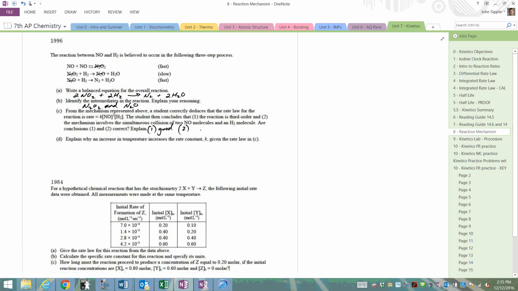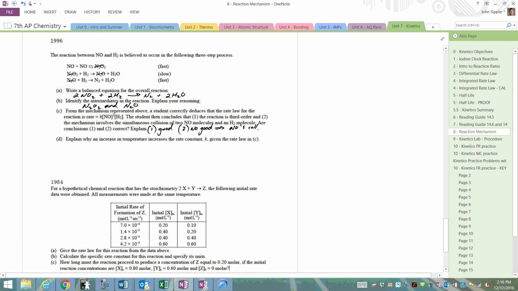No. Look at it. 2 NOs collide, and then the H2 collides in with that afterwards. It happens in two different steps, so their second postulate is not correct.